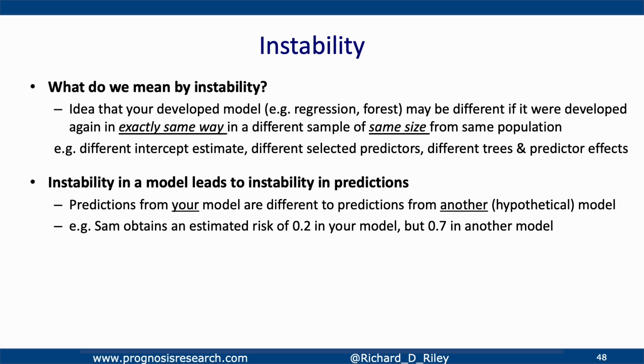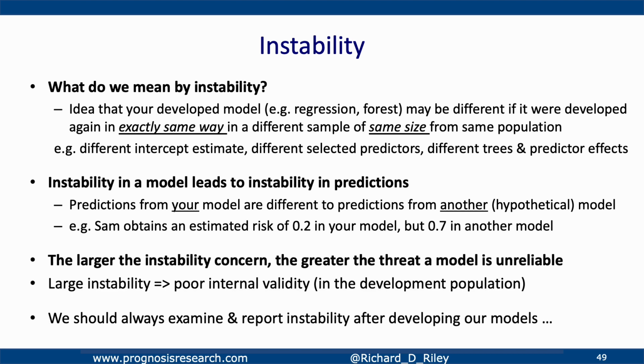So for example, if Sam had an estimated risk of 0.2 from the model you develop, but hypothetically another model that could have been developed in a different sample of the same size would have given Sam a prediction of 0.7, what's going on there? It doesn't help us. It doesn't help Sam to know that the predictions that we're giving are not very stable. Low risk maybe to high risk.